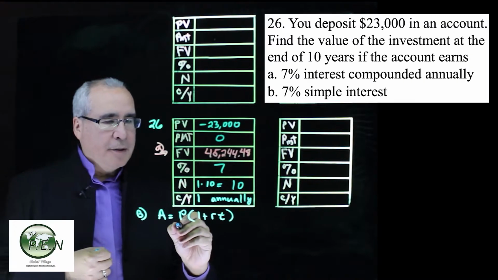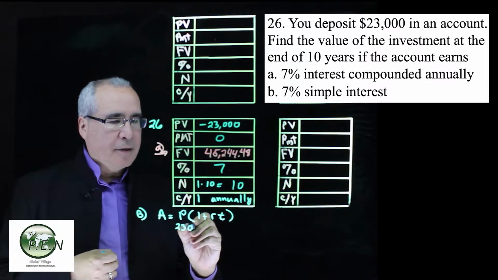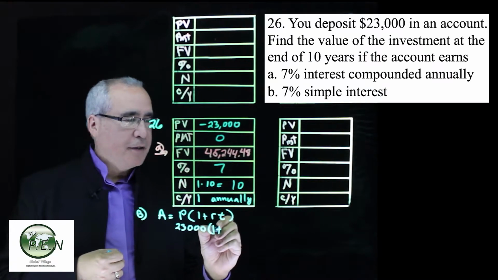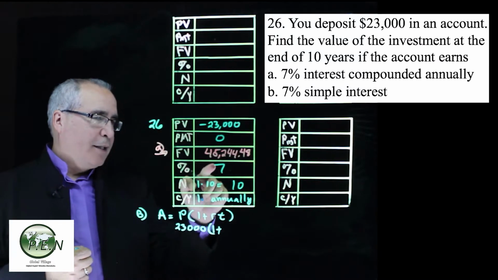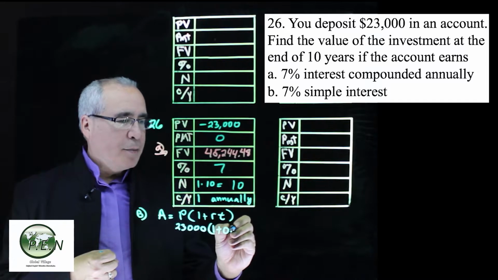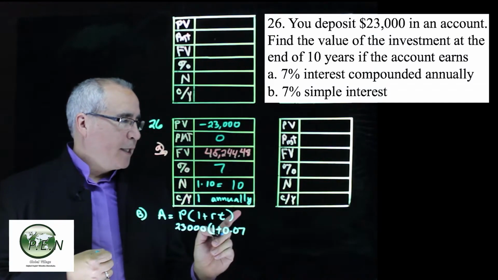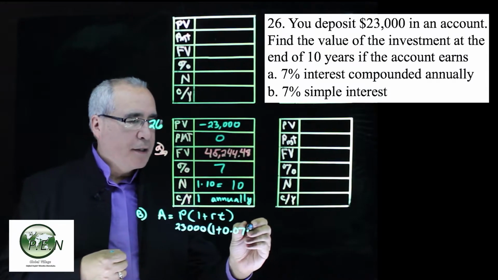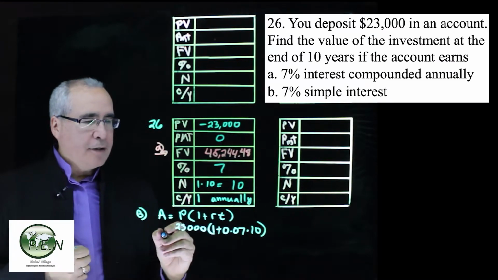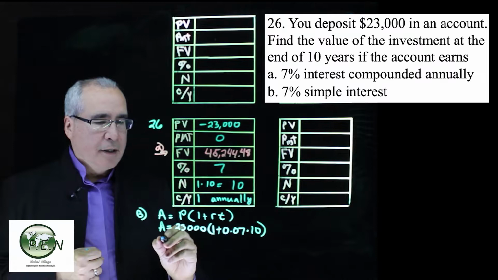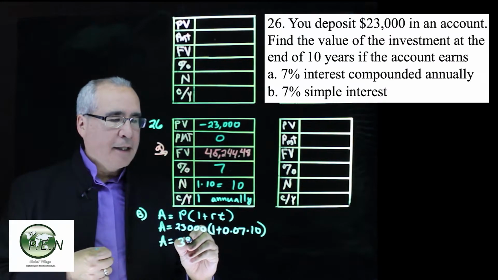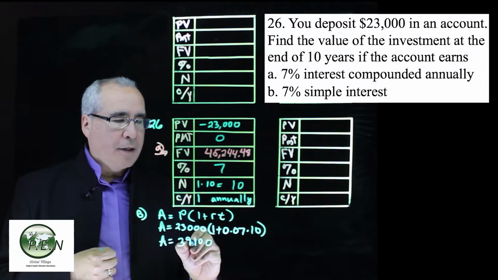Fill in what we know. 23,000 goes here. 1 plus the rate. Now 7%, but we have to list it as a decimal, 0.07 times the number of years, 10. And when we do that calculation, we'll get that our accumulated value is only $39,100.